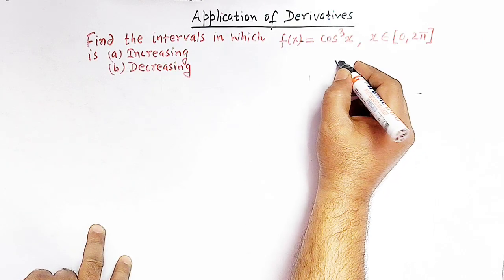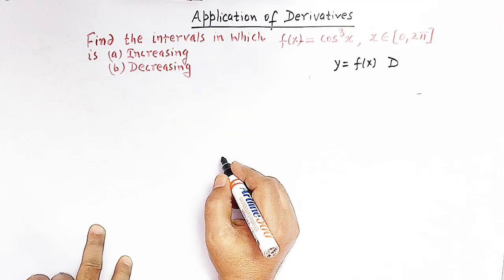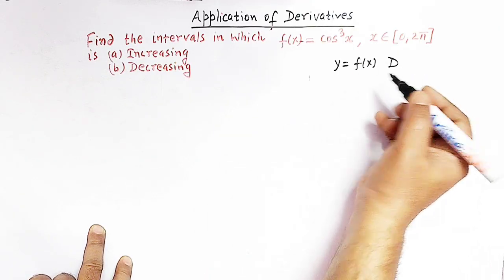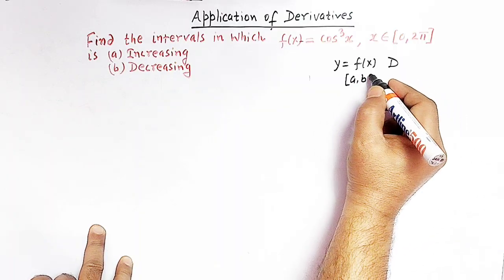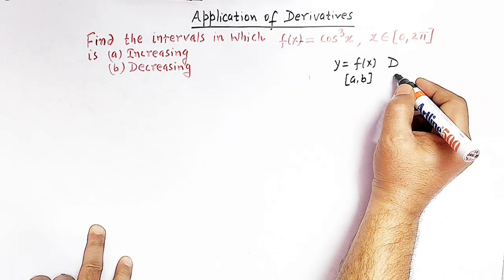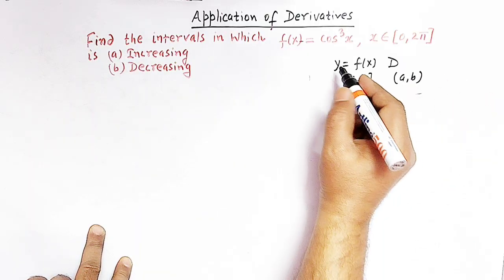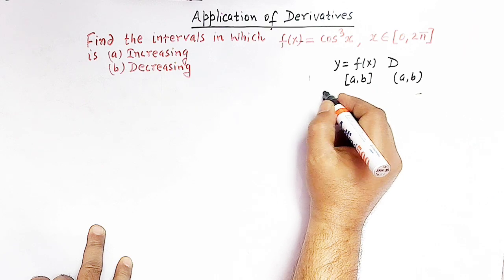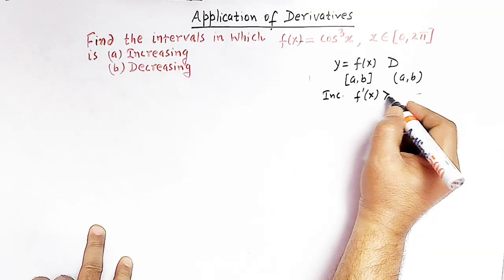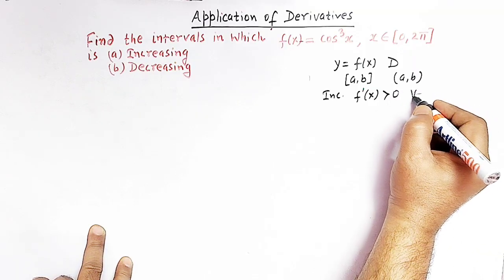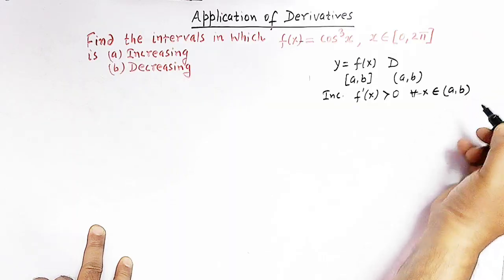Suppose we have a function, say y is equal to f of x, which is defined in some domain D, right? And if this function f of x is continuous in some interval, say a comma b, and it is derivable in the open interval a comma b, then this function is said to be an increasing function if the derivative, that is f prime of x, is greater than 0 for all x belonging to this interval, that is a comma b.